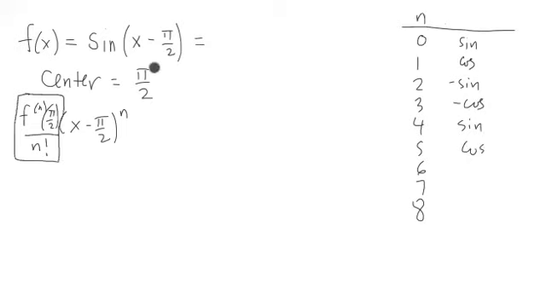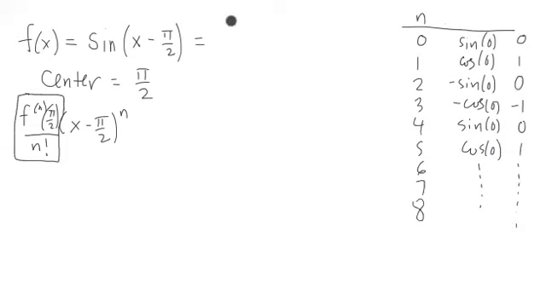Now realize that we're plugging in pi halves into the center. When we plug in pi halves, that's the same as if we're plugging in 0. So we can just think of plugging in 0 each time. And what we get, at least for the derivative part, is 0, 1, 0, negative 1, 0, 1, and so forth.